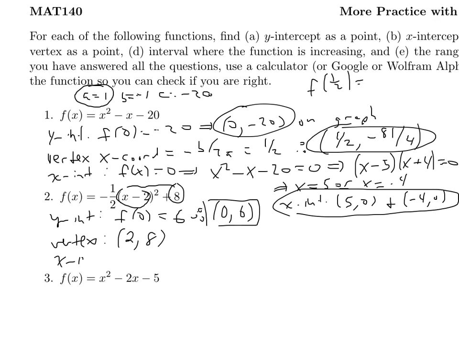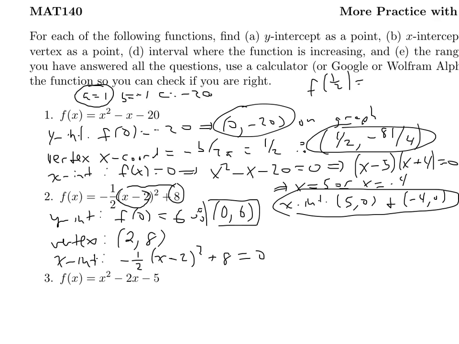The x-intercept also is not hard to find, but again, there's no reason to ever have to change the form that the parabola is in. Working with it directly will always be less steps. So for the x-intercept, I have to solve the equation negative 1/2 times x minus 2 squared plus 8 equals 0.